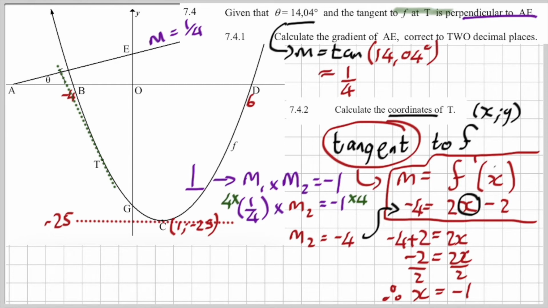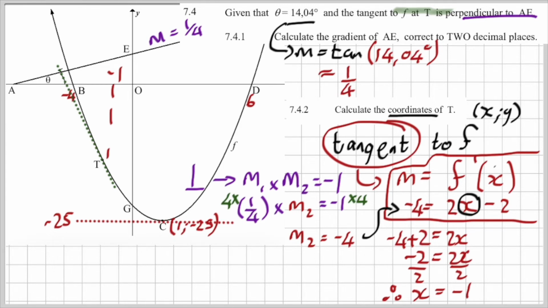Now please, if I ask you, does it make sense, I'm not asking whether my calculations are correct, or whether you can follow me. I'm asking, on the sketch, does negative 1 make sense? Yes, it does, because t lies on the negative side. So I've got my spidey sense tingling that it does make sense.